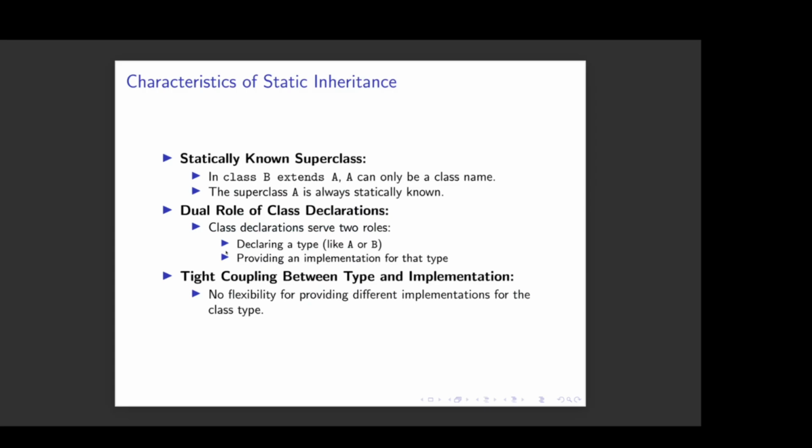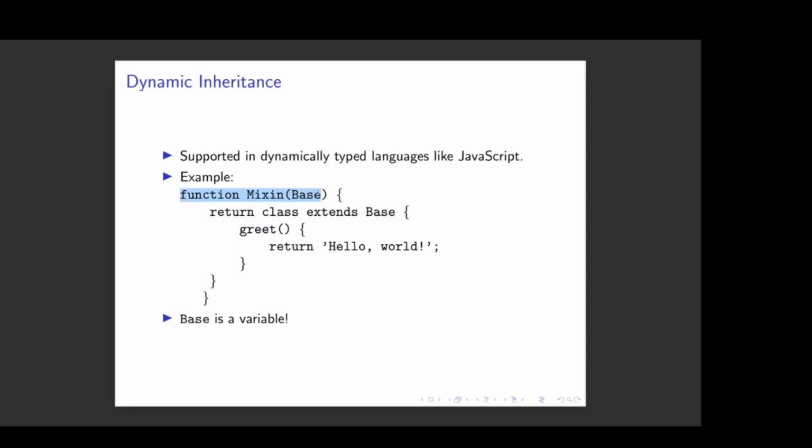So now we can move to dynamic inheritance and see how it's different. Dynamic inheritance is supported by many languages, including JavaScript. Here we have an example of dynamic inheritance in JavaScript. We can have a JavaScript function called mixin, and mixin is parameterized by base.